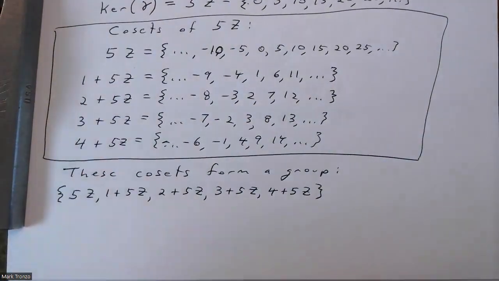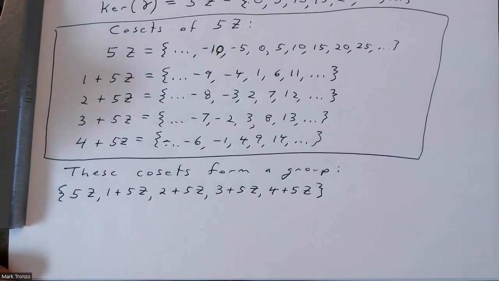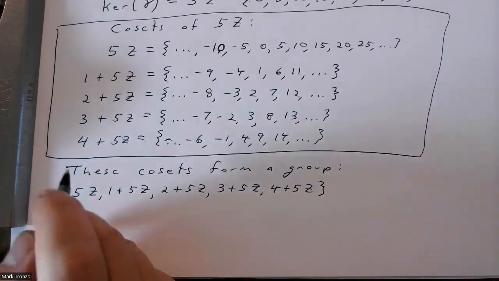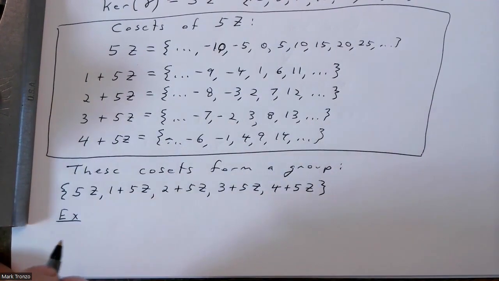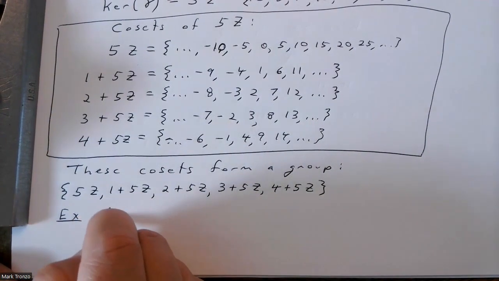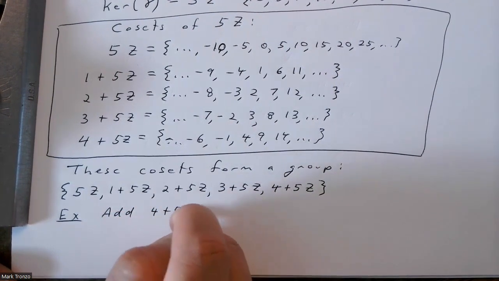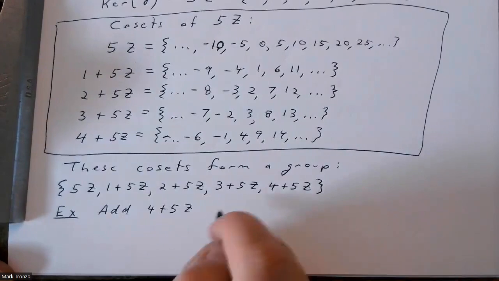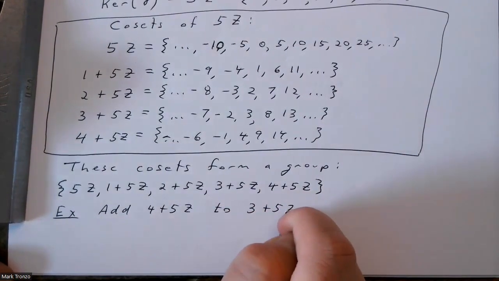And now, if you pick any element and add it to any element of another group, let's just do an example. Let's say we add 4 plus 5Z to 3 plus 5Z.